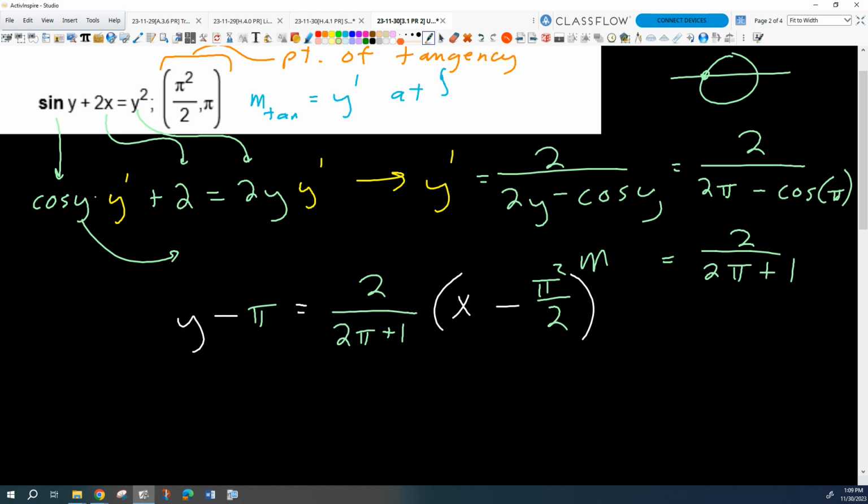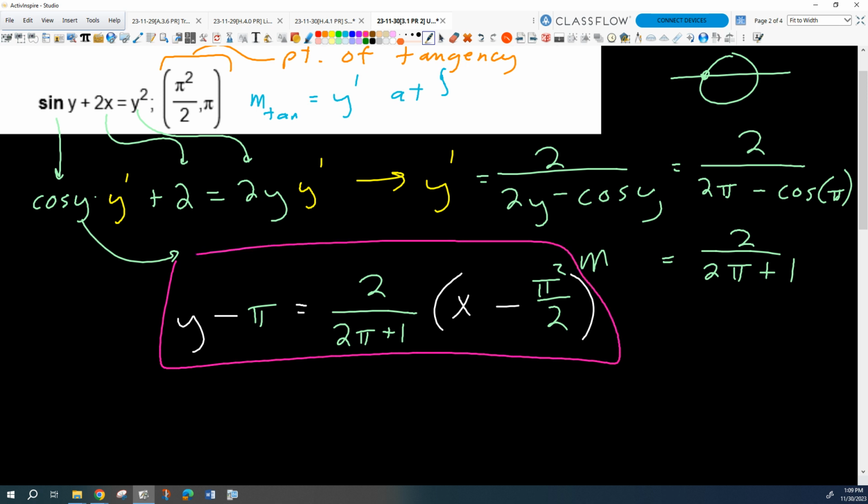That's my line. It's just super inconvenient, but all I'd have to do is solve for y if I want to, right? But that is the line. If I graph that, that's it.